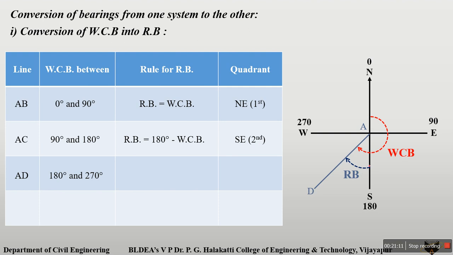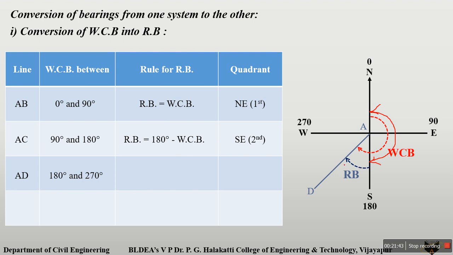This is our 180. This is more than 180 degrees. That is WCB. We have mentioned that the WCB value in the third quadrant is from 180 degrees towards 270 degrees. So WCB minus this much angle, which is 180 degrees, we will get the RB here.